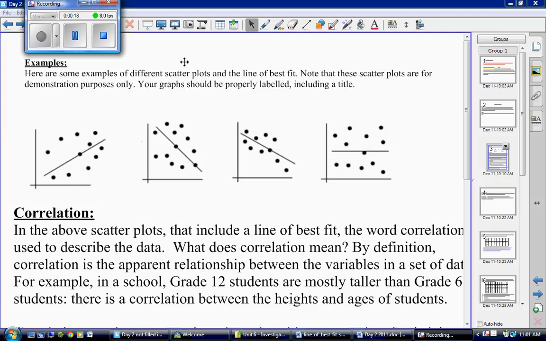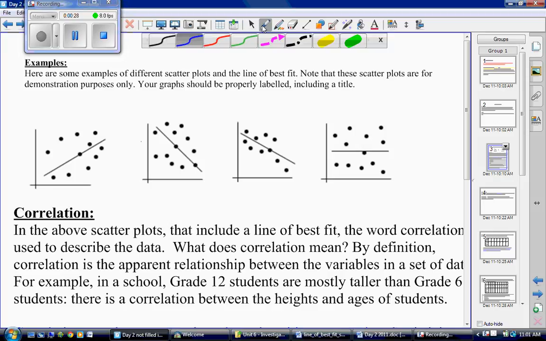So you're going to look at each one of these and you'll see that there are different slopes, which is your trend. So the first one that we're looking at is this one in particular. And you'll notice that there's a line and it's heading to a positive slope, and so that is a positive correlation.